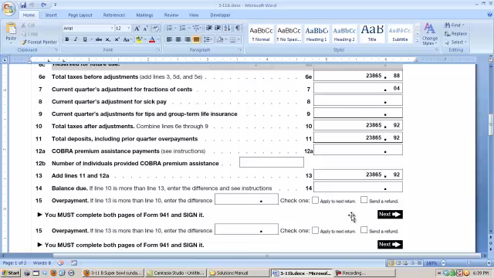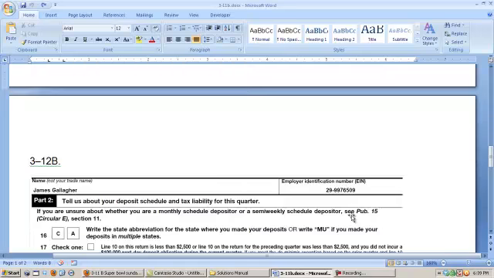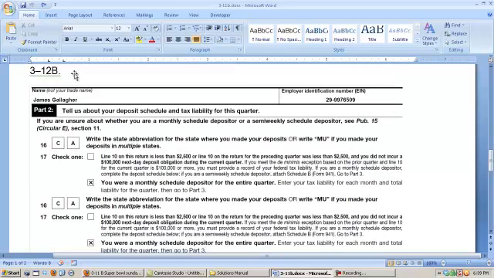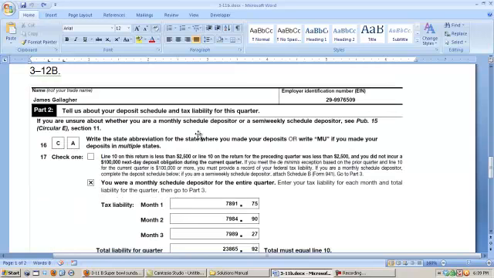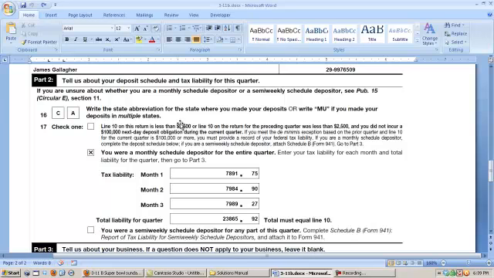Now let's go down to the next page, page 2. In your book, the completion of page 2 is actually a different problem, which is 312B. Basically they say, refer to the previous problem and fill out the second page of the Form 941.